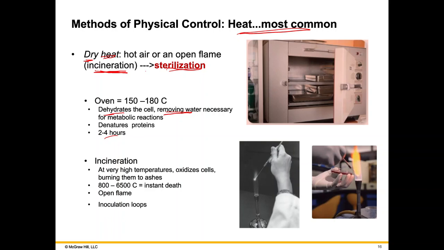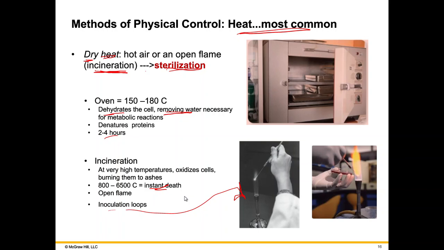And this results in instant death, instant sterilization, and the temperature ranges can be from 800 to 6,500 degrees Celsius. That is so hot, so hot. And then again, it's just showing you inoculation loops. I wanted to point that out specifically because we use those so often in the microbiology classroom and lab, and you should have seen them as well in your lab class.